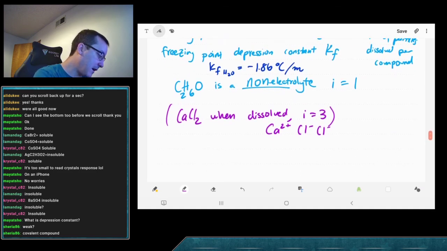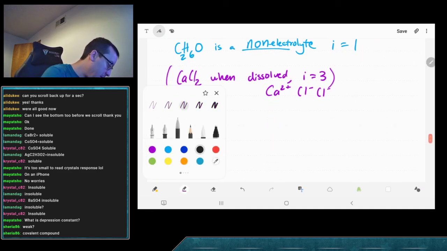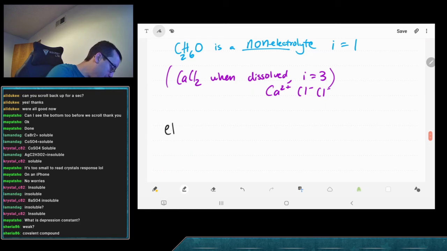So let's go ahead and take a look at ethanol, or rather vodka.